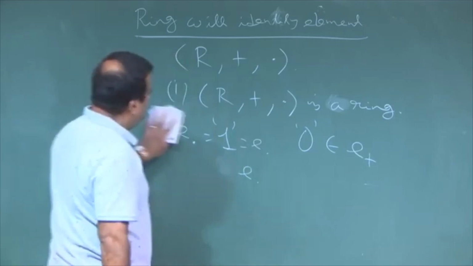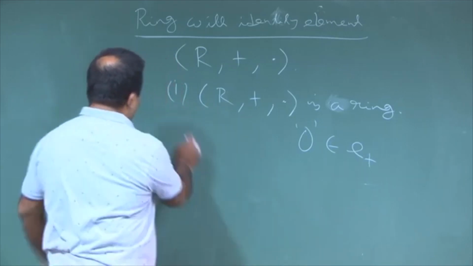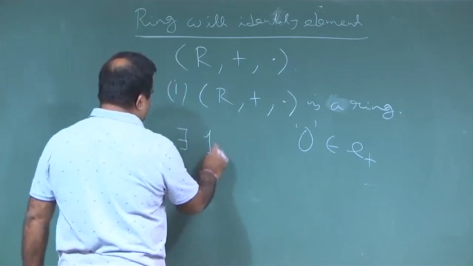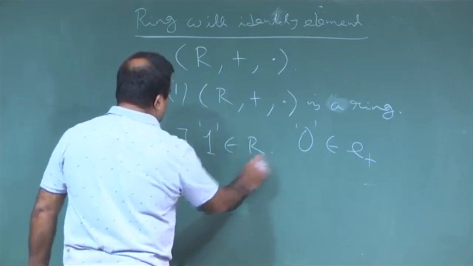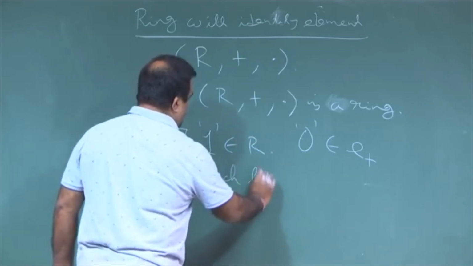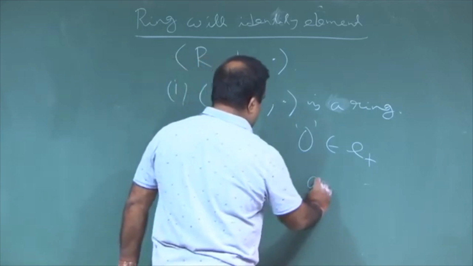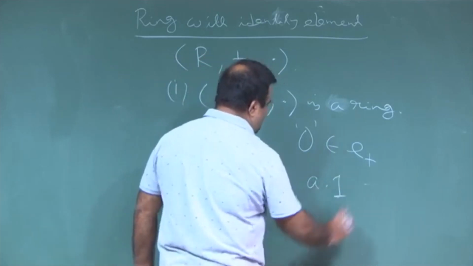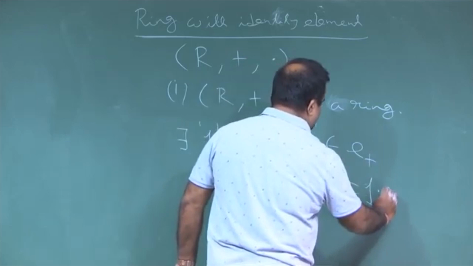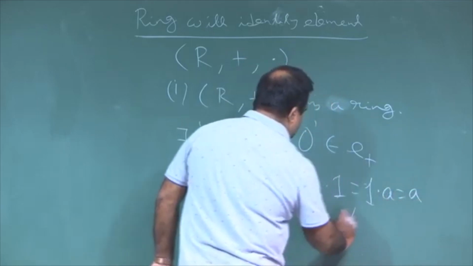So, if there exists an element which is the multiplicative identity element such that a operated with this element is the same as a, and this is true for all a.